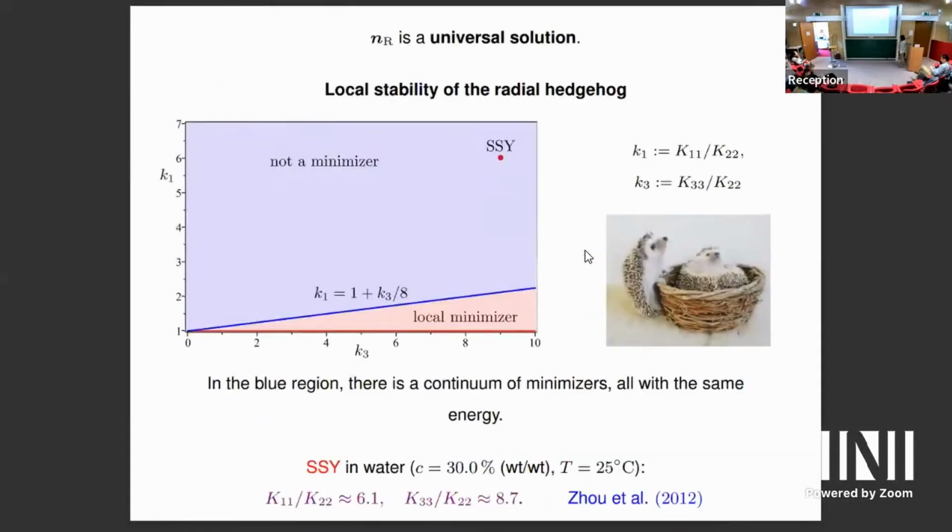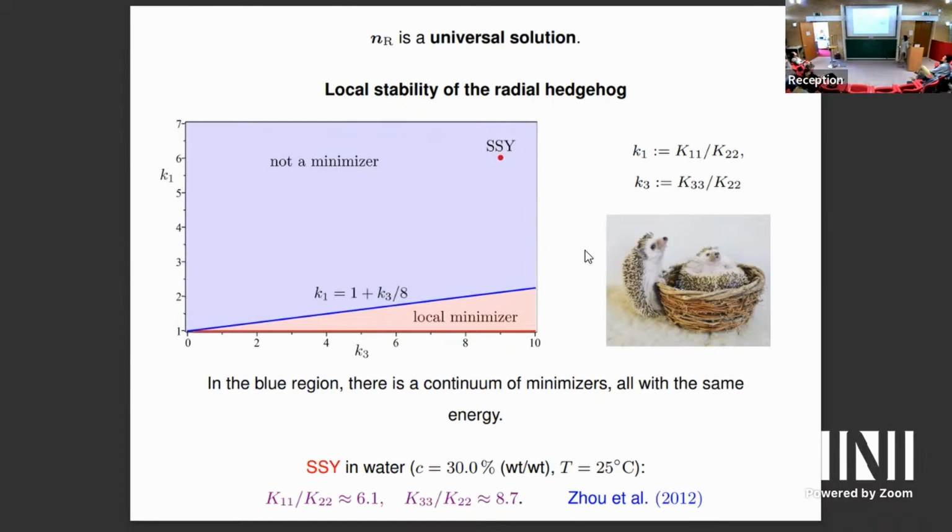The chromonic sunset yellow in water at a concentration of 30% at room temperature: the bulk elastic constants of this chromonic sunset yellow were found by Zhu et al.